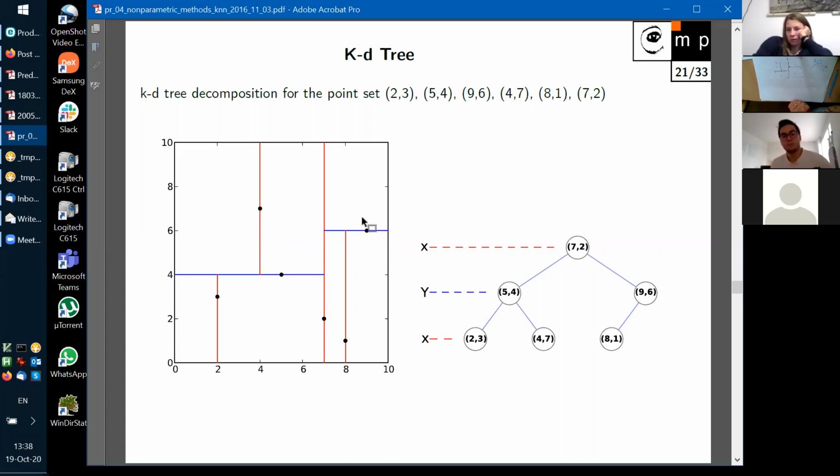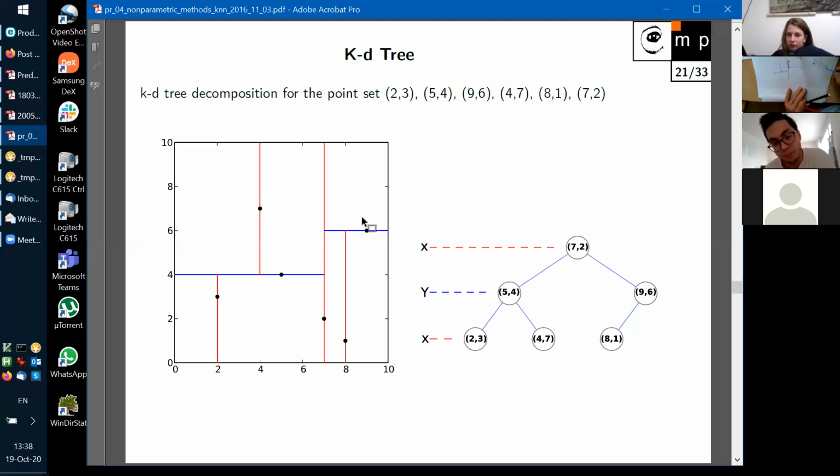Now, we also noticed that every point in the left subpart, and this is important, has at least distance d1 to the border. So d1 is a lower bound on the distance which is valid for every point in the subtree.